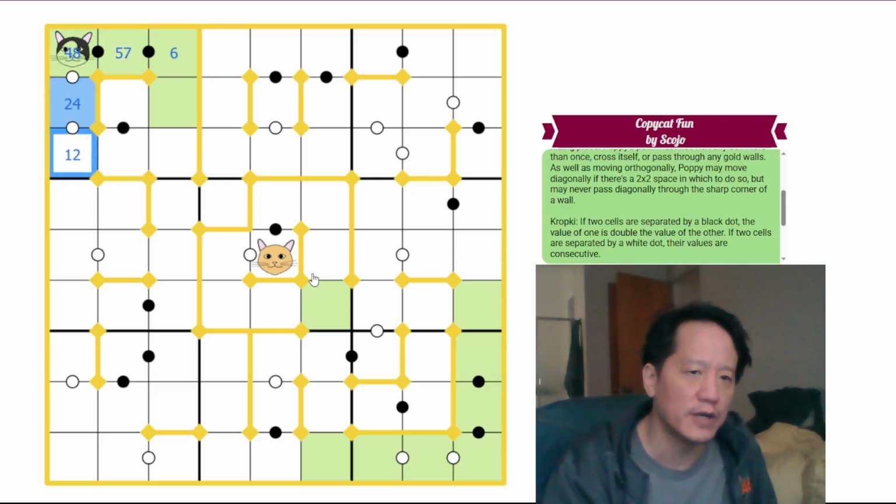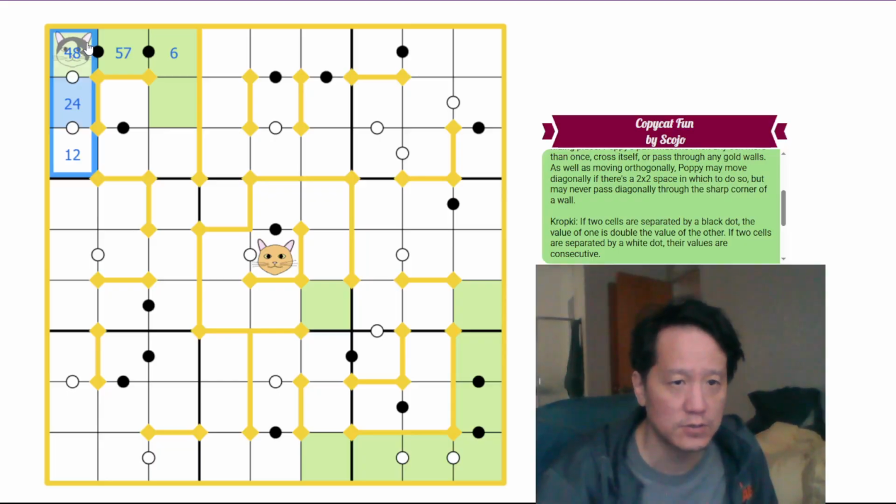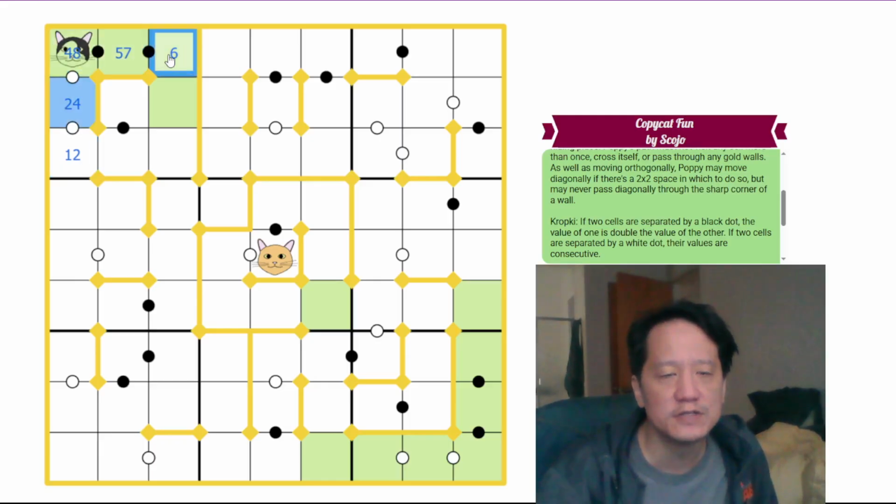You can't go 8, 4, 2 either. So it's 1, 2, 4 or 2, 4, 8 here, and then this is 5, 7, and this is guaranteed to be a 6.